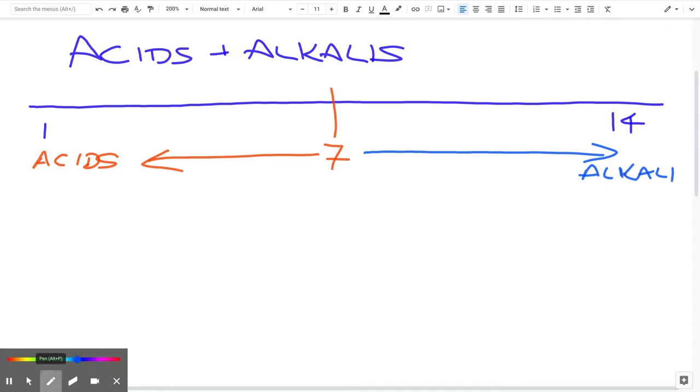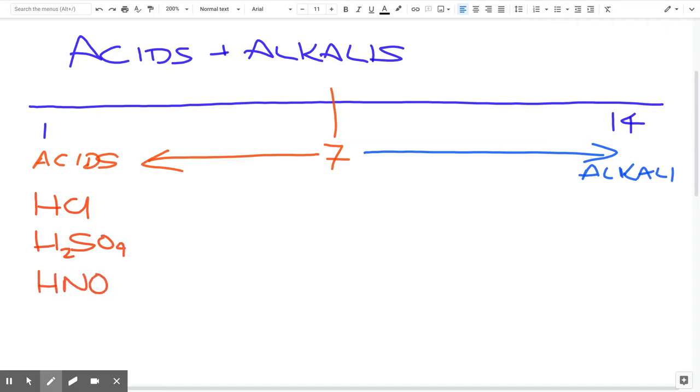And we would have common acids that we know of. Common ones in the lab would be hydrochloric acid, sulfuric acid, H2SO4, and nitric acid, HNO3. A slightly weaker acid would be something such as ethanoic acid, CH3COOH, acetic acid in old money.